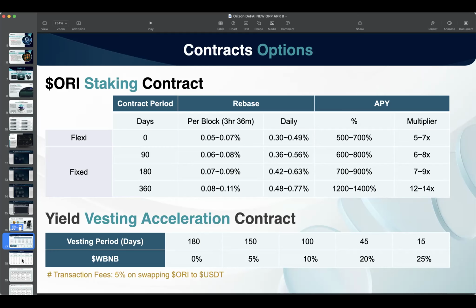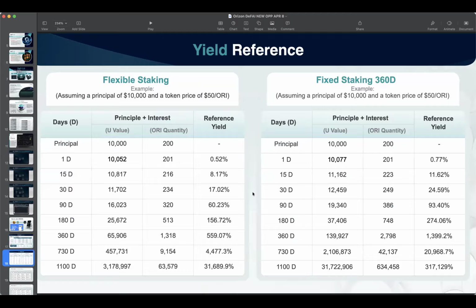Okay? Now I'm going to talk about this and then I'll show you some possibilities with our profit calculator. First of all, this is just a summary. If you came in when we had 1,400 APY, your $10,000 can become $65,000 if you did Flexi.